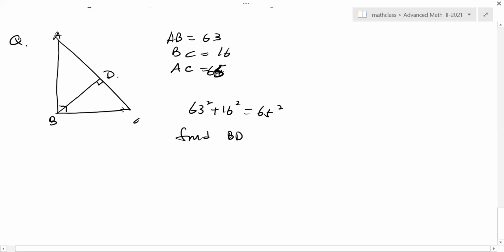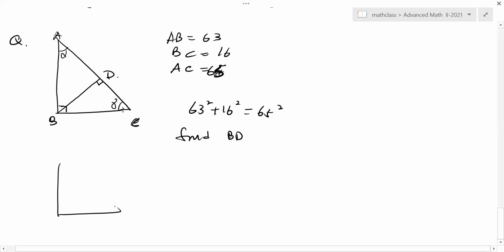There are a couple of ways to solve this problem. The best way is the similarity of triangles. You have to recognize there are actually three triangles that are similar. Let's call this one alpha, and this one gamma.